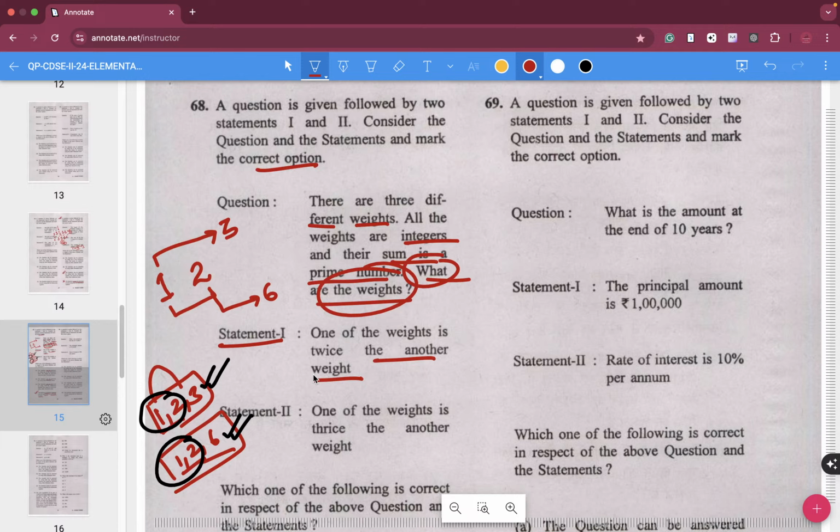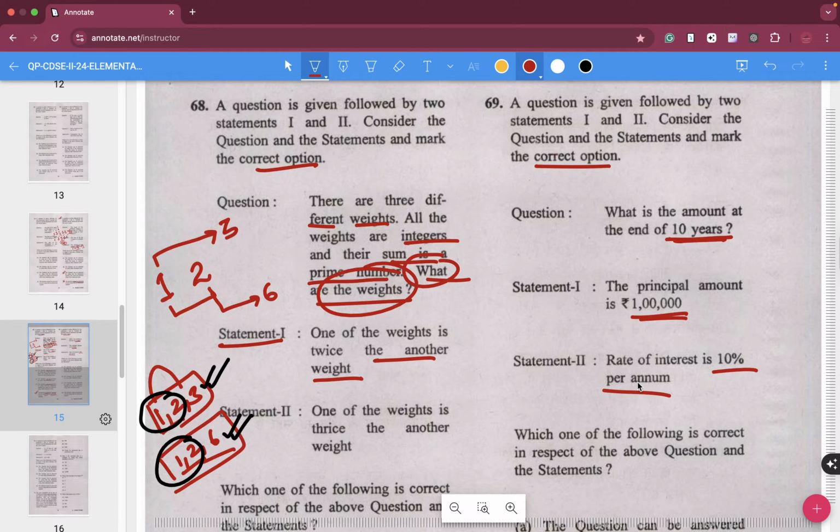Now moving on to question number 69. A question is followed by 2 statements, 1 and 2. Consider the question and the statements and mark the correct option. What is the amount at the end of 10 years? The principal is given as 1 lakh rupees, and the rate of interest is 10% per annum.